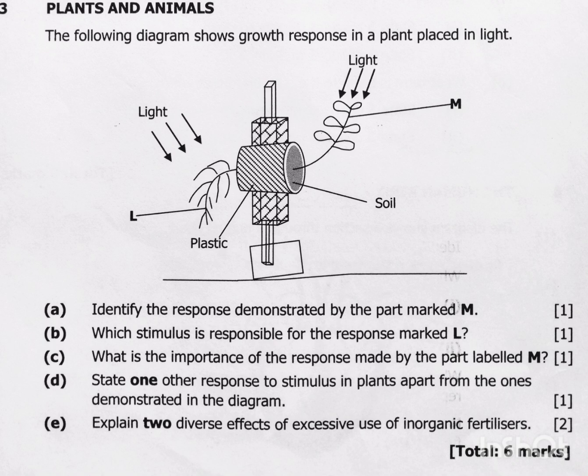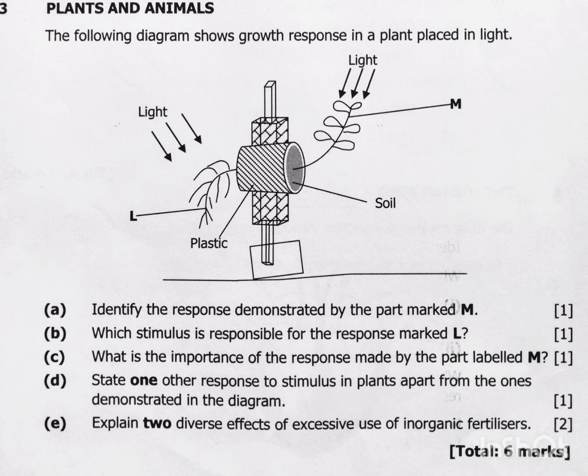Positive phototropism is important because it maximizes the plant's exposure to light, or it enables the plant to respond to light, which is needed for photosynthesis.